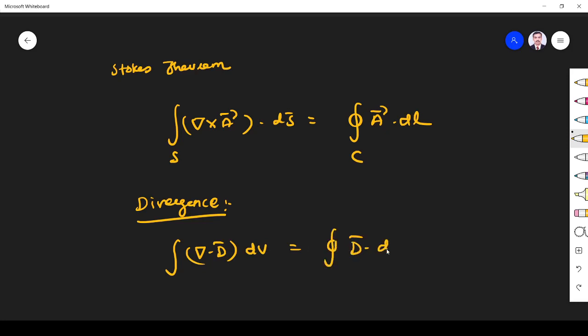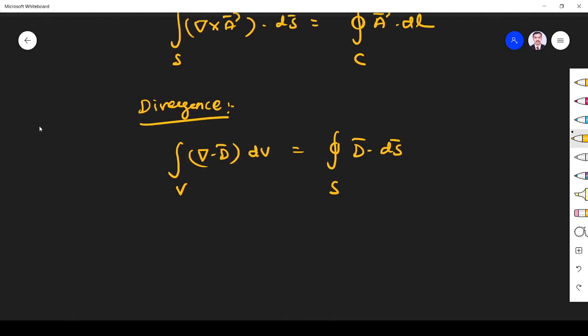Fine. So it is volume, it is surface. Then I think we are using only these two theorems, Wien's theorem and all, we never use. Right? So these are all the things we must know about electrostatics.